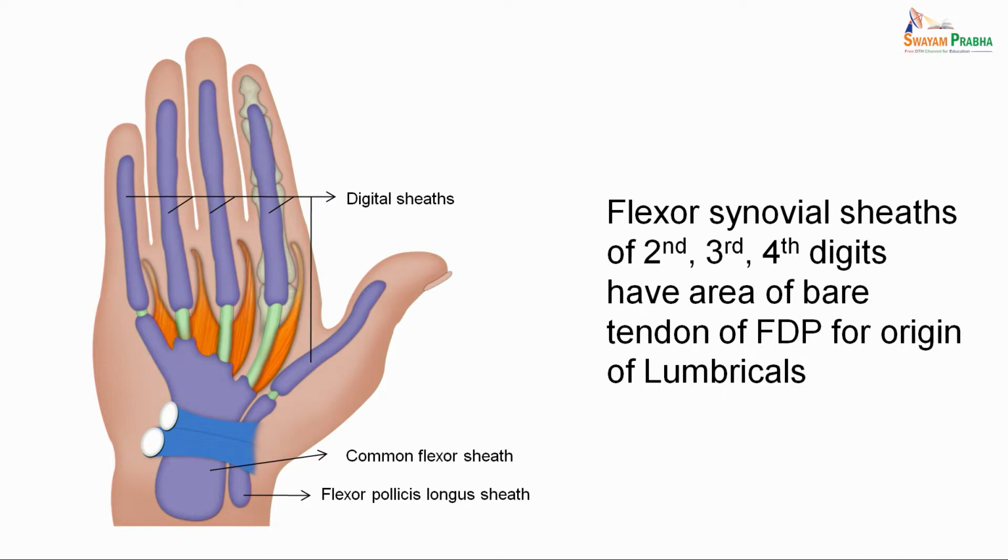Hence, the flexor synovial sheets of the second, third and the fourth digits have got the discontinuity because that bare area is required over the tendon of the flexor digitorum profundus in order to give origin for the lumbrical muscles.